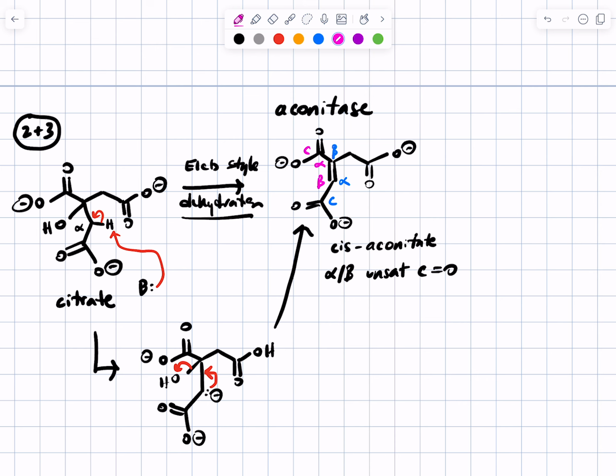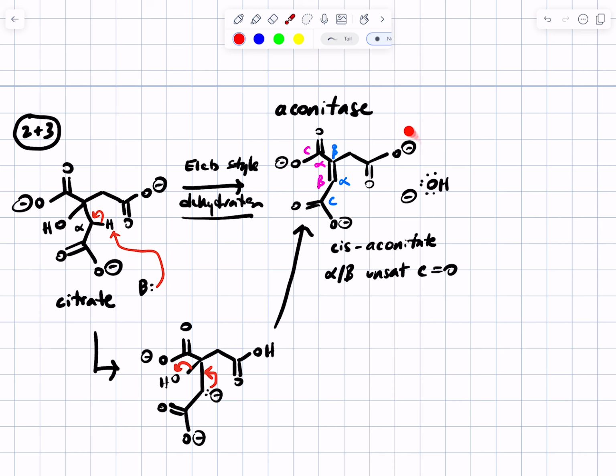That double bond is alpha beta to 2 carbonyl carbons. So now the OH group that left can do one of 2 possible things. It could come back in and attack at the pink beta carbon, or it could come back in and attack at the blue beta carbon.